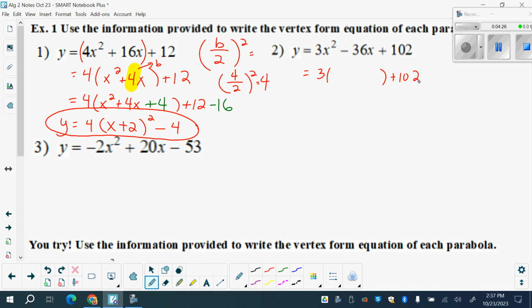What goes inside here? X squared minus. Yep. So we factored the 3 out of both of those, so it's x squared minus 12x, and then we take our -12 divided by 2 and square it.